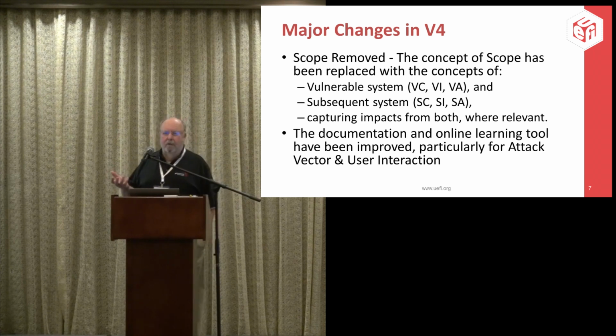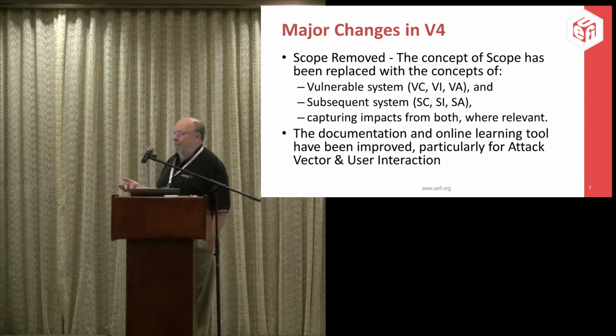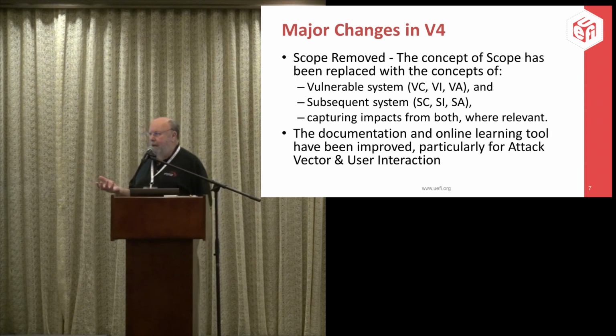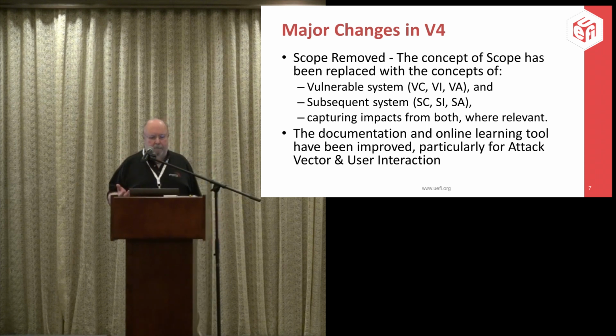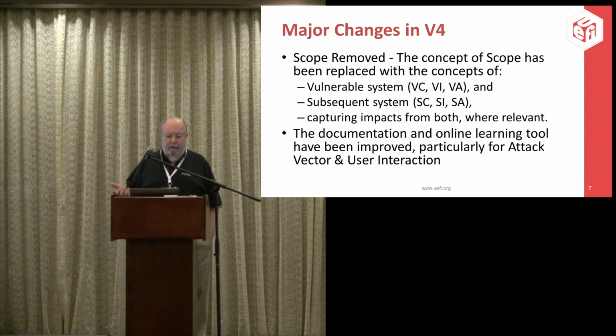But it was really hard to interpret, and a lot of people got it wrong, and they didn't really understand what it meant, and the explanations weren't very good. And so in version 4, that's been replaced by something called the vulnerable system and the subsequent systems.